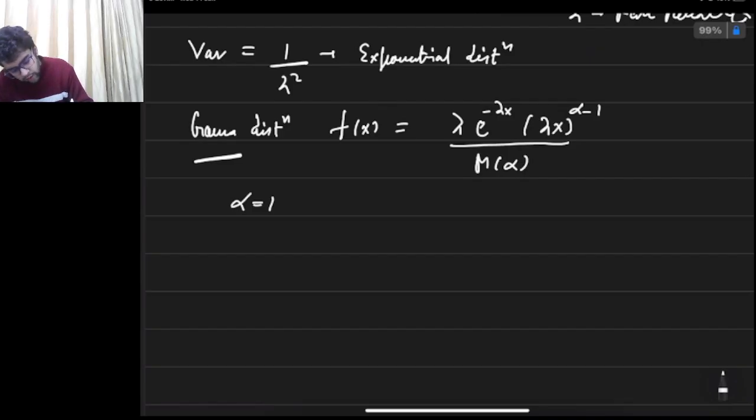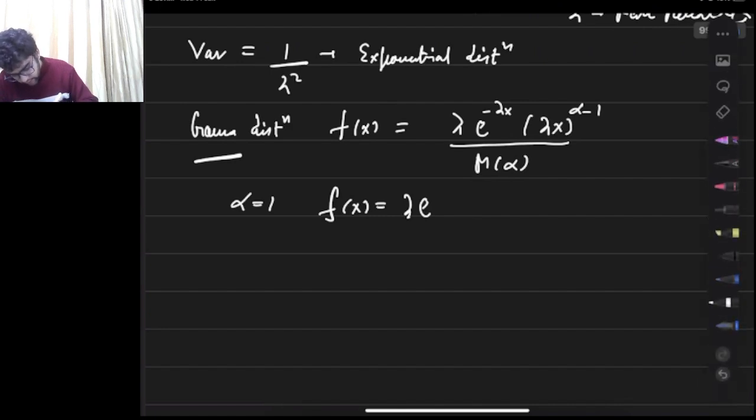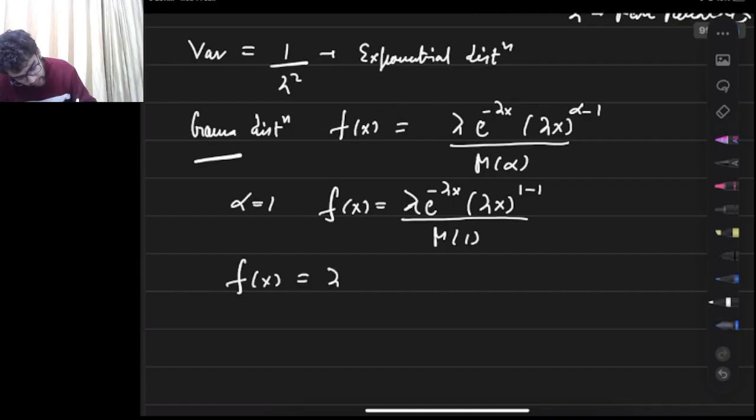This means that f of x becomes lambda e to the power minus lambda x, lambda x to the power 1 minus 1, which is 0, upon gamma of 1.